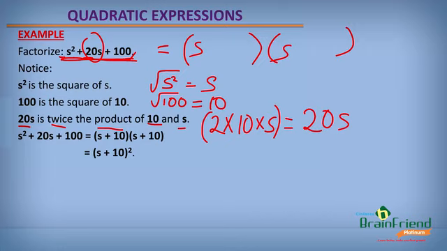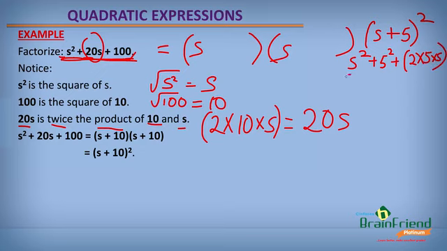A perfect square. Because when we were handling perfect squares some minutes ago, we said, for instance, we have s plus 5 all squared. To expand this, we simply say s squared plus 5 squared plus twice their product, 2 times 5 times s. And this gives us s squared plus 10s plus 25.